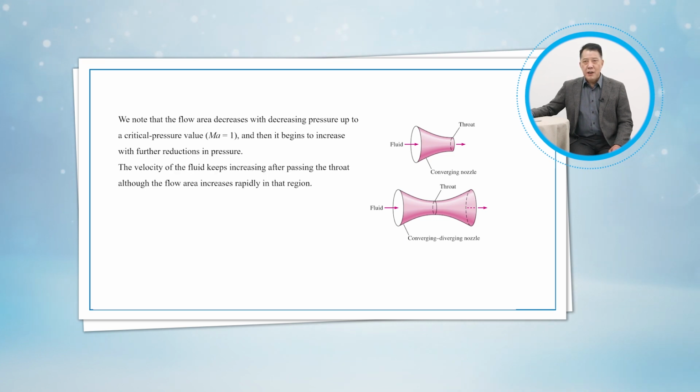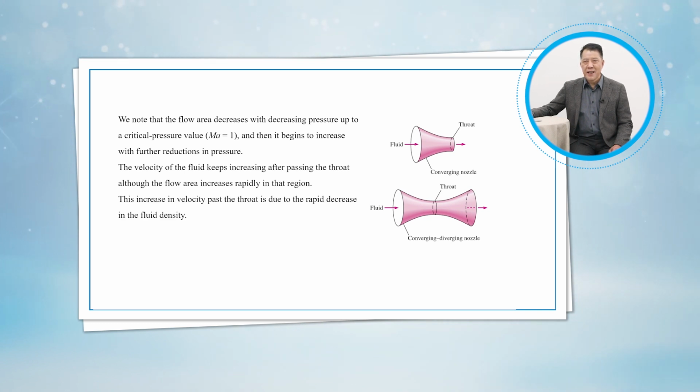The velocity of the fluid keeps increasing after passing the throat, although the flow area increases rapidly in that region. This increase in velocity past the throat is due to the rapid decrease in the fluid density.